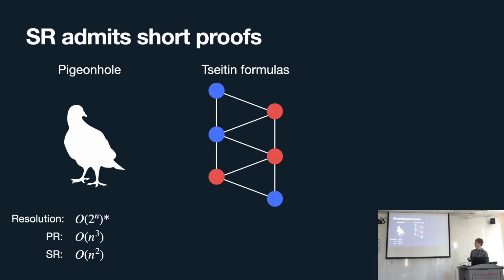There's a certain class of formulas called Chaitin formulas. These encode properties of graphs called expander graphs. And so if you use resolution proofs to show that a graph is an expander, you need an exponential number of clauses. For PR, you need polynomial, but for SR, you only need linear in the number of edges of the graph.